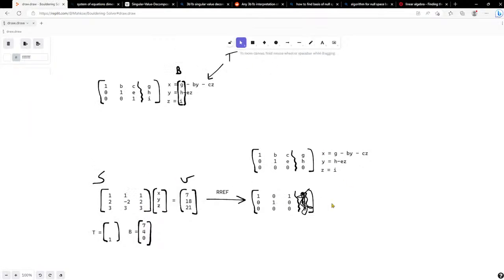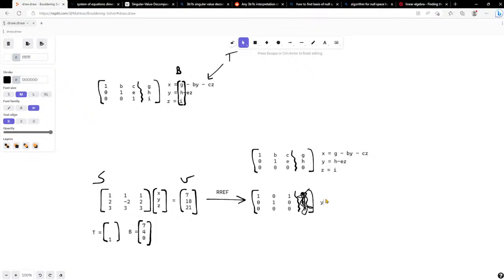Or I guess I'm calling this x, y, z. So this y is forced to be 0. Z is free. So then what is x? X is equal to minus z. We kind of already knew this.